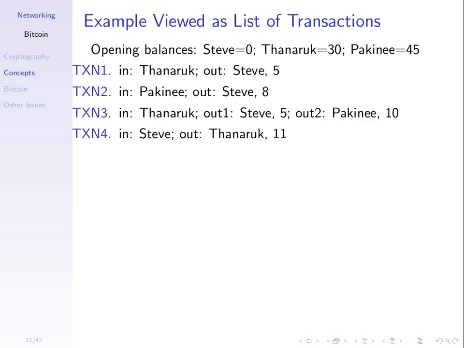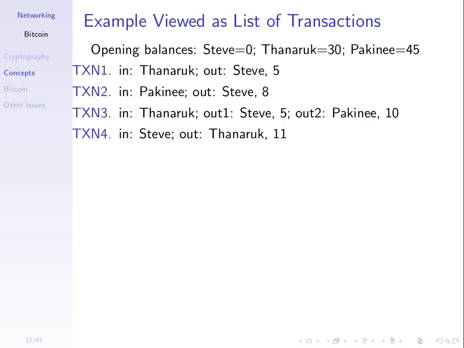And what we'll see in a decentralized payment system, and in Bitcoin, is that we record all transactions that ever occur. And there's a public list of all transactions. So if everyone knows this list, then everyone can work out what everyone else has. Okay? So from this information, Steve, Pekini and Tanarak all know what each other have as their current balance.